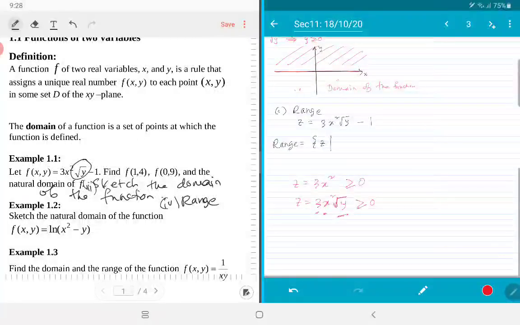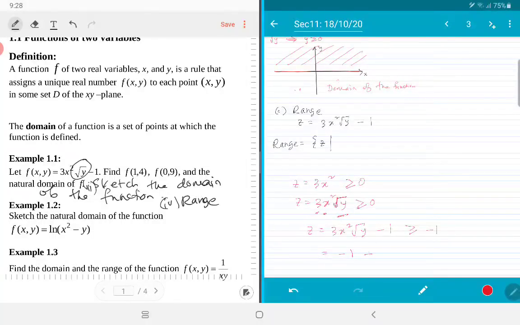But our function is 3x squared times the square root of y, minus 1. At first we have 3x squared times the square root of y, which will be larger than or equal to 0. So we know straight away that it must be larger than or equal to negative 1. I'm going to rewrite this in case you're confused.